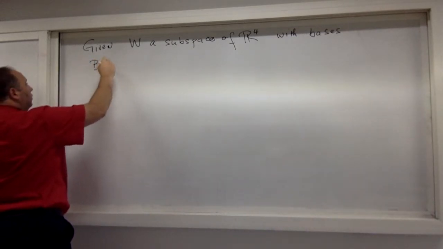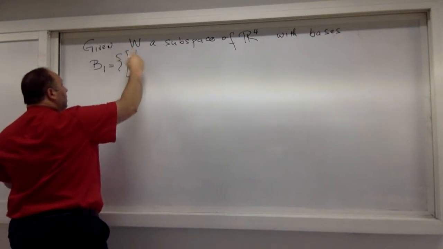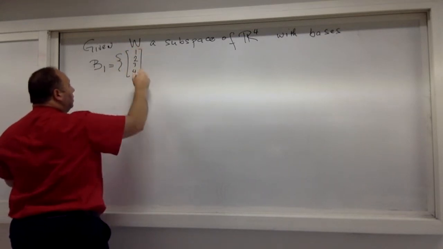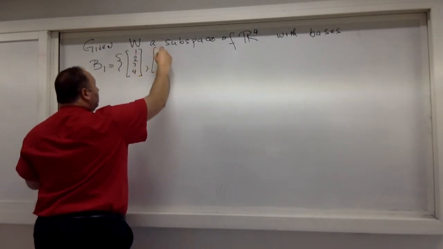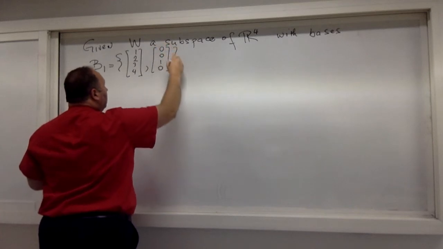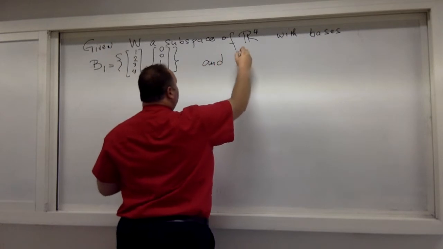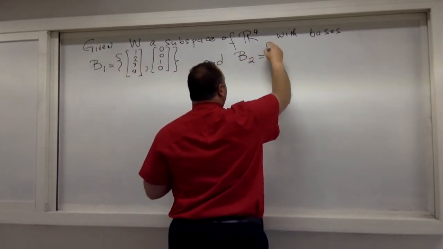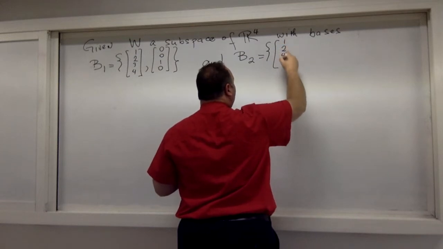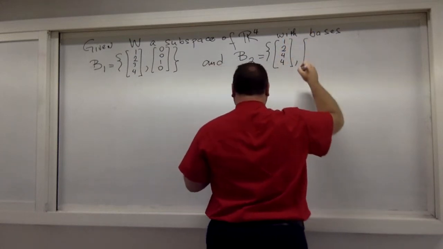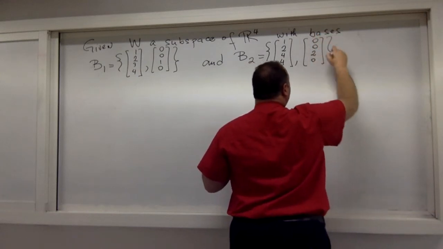So these are bases for W, and just to make things interesting, so first vector is (1, 2, 3, 4), second vector is (0, 0, 1, 0), so this is one basis for W, and basis B2 for W will be (1, 2, 4, 4), very creative, and (0, 0, 2, 0), again very creative.